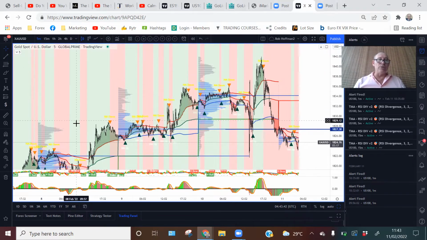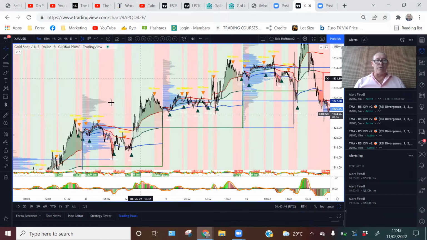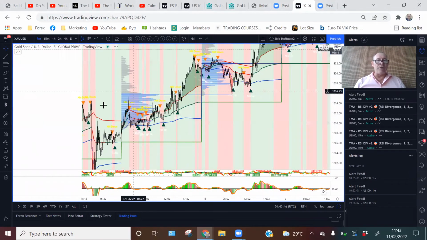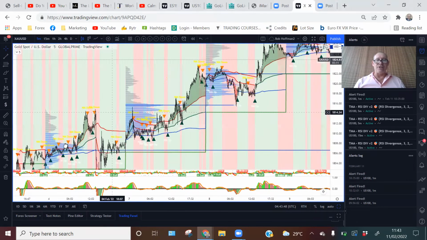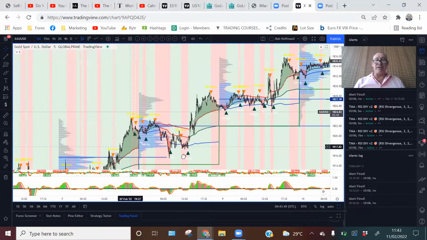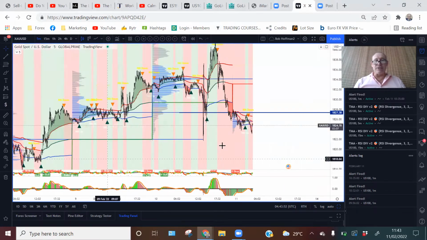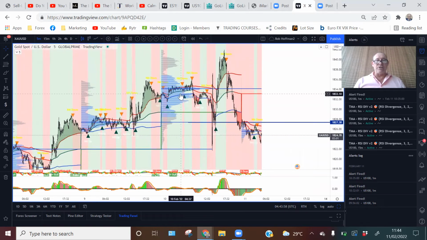This is gold, and gold has been going up for a week or so, steady. Each one of these represents a day. I'm in Thailand, and this is today. It was yesterday, so if we're looking at yesterday's charts, to see where it went, we have to go back to the previous day. So I'm going to analyze this.